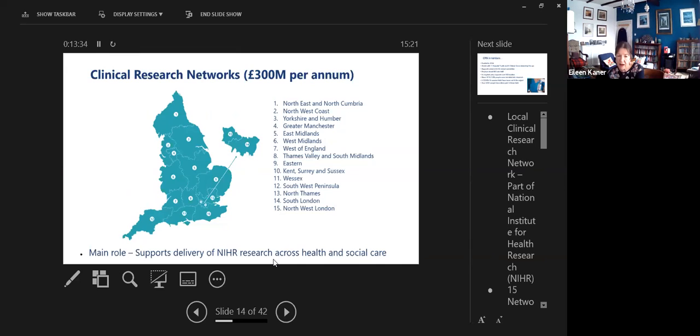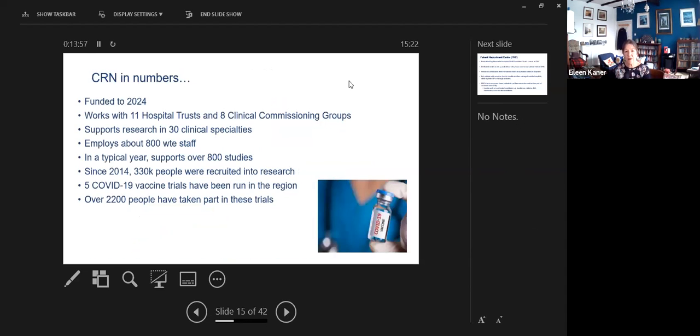The main thing that clinical research networks are trying to do is to support the delivery of National Institute for Health Research studies across both health and social care, but to really drive forward not just the fact that research can happen in the NHS and social care, but also the recruitment of patients into high quality and important studies. Our local CRN is funded at the moment till 2024.